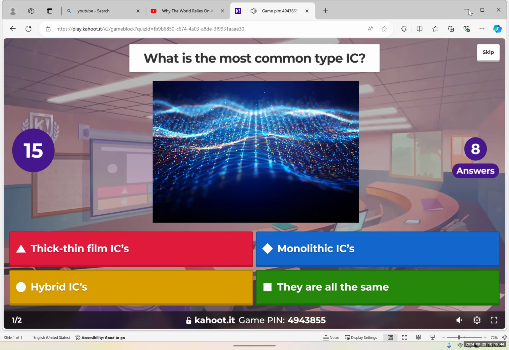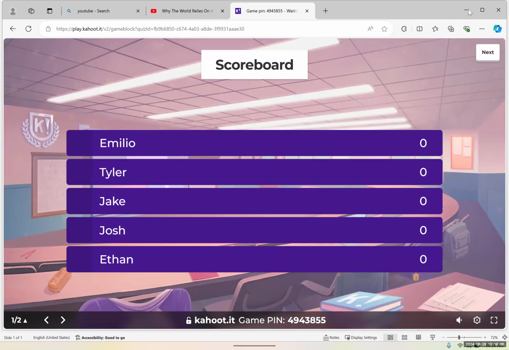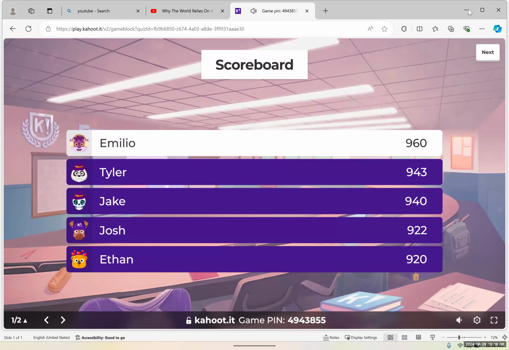So what is the most common type of IC? We have one student that hasn't answered yet. Okay, so it's monolithic. Again, these quizzes are time sensitive, so if you answer sooner, you're going to get more points.